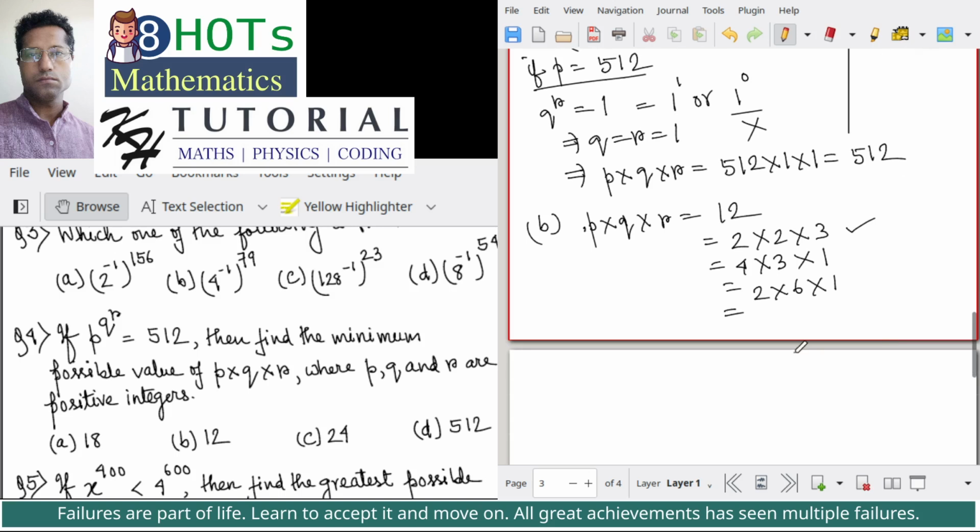Now the thing to note is, can we select P, Q and R from these possibilities so that P raised to the power Q raised to the power R is 512? If P, Q and R are the factors 2 and 2 and 3, can we use the numbers 2 and 3 in the form P raised to the power Q raised to the power R so that its value will be 512?